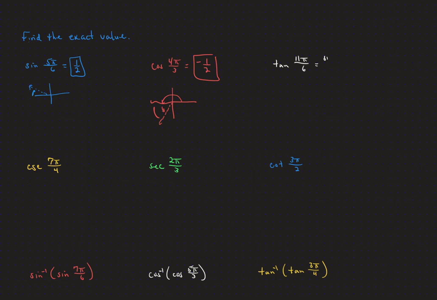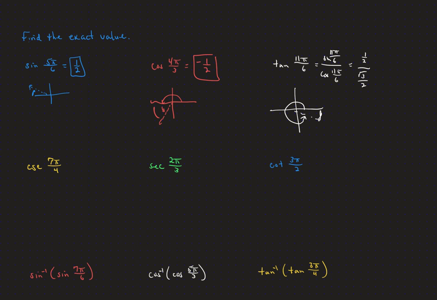Tangent of 11 pi over 6, we're going to think of as sine 11 pi over 6 over cosine of 11 pi over 6. So 11 pi over 6 is going to put us all the way here in quadrant 4 with a reference angle of pi over 6. So in quadrant 1, sine of pi over 6 is a half, and cosine of pi over 6 is square root of 3 over 2.